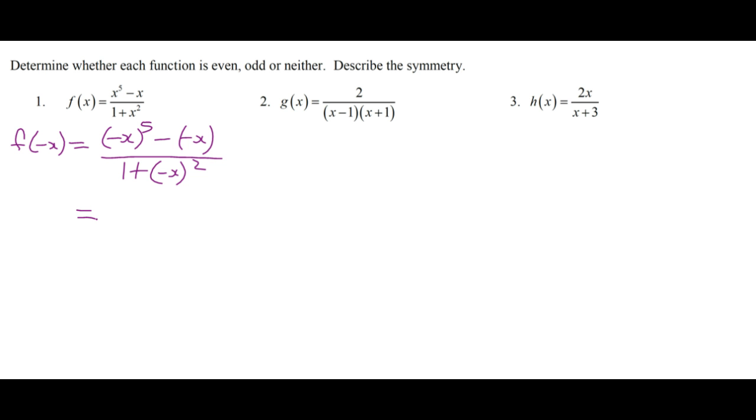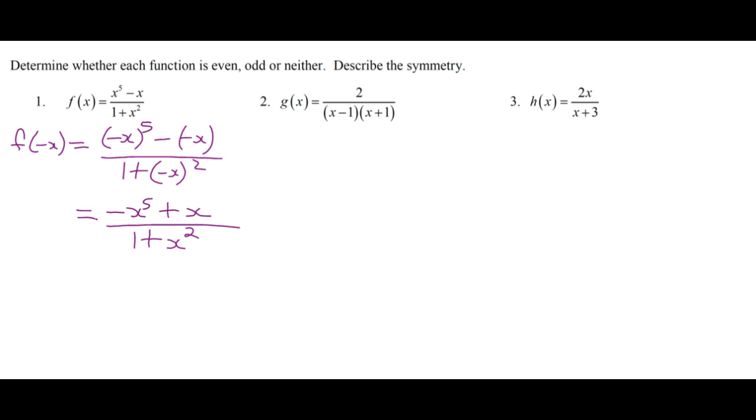All right, so I've got negative x to the power of 5, which is negative x to the 5th. Minus negative x, which is plus x. And negative x quantity squared is just x squared, right? So we got 1 plus x squared. Now we pull out the negative.